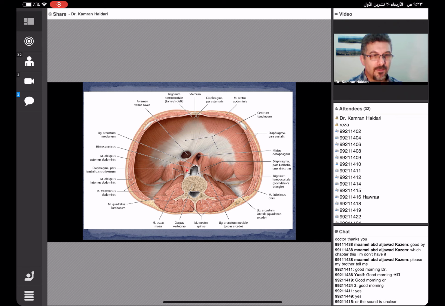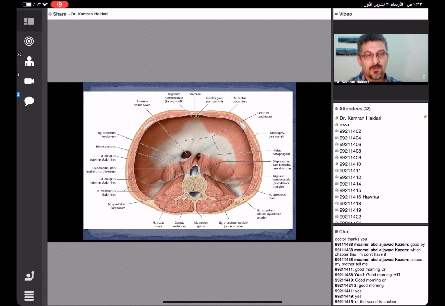And this is the right crus, and you can see some fibers of the right crus encircle a hiatus or foramen as the esophageal hiatus. Therefore, whenever asked, the esophageal hiatus is made by the right crus of the diaphragm, and this is the left crus.